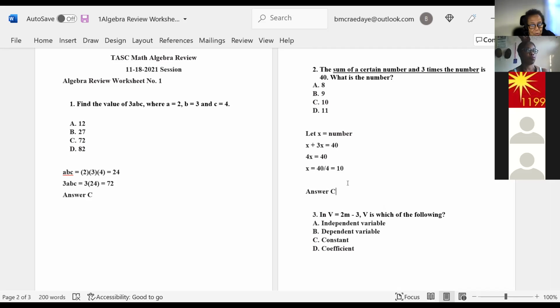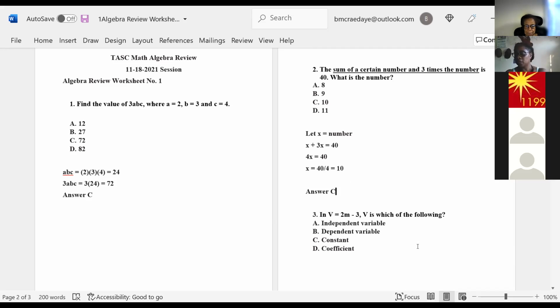Now, Maureen, you had this one incorrect. It's number 3. You sent me the answers, and I asked you to redo that one. Now, V equals 2m minus 3. V is dependent upon M, right? So which one is the dependent variable, Vanessa?